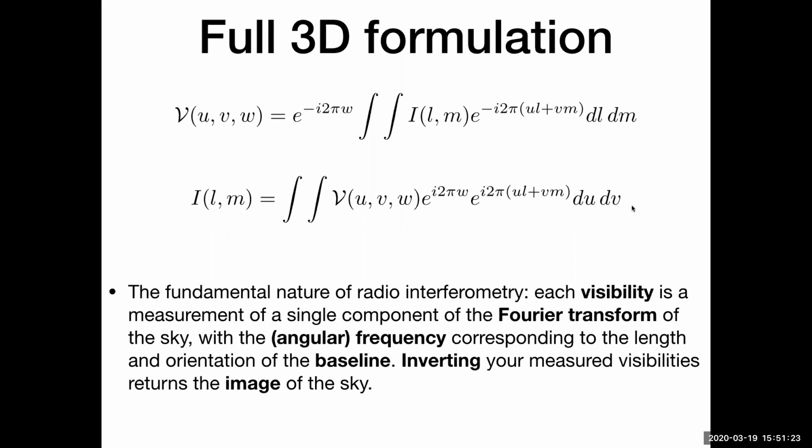And so ultimately, this is what we wanted. We wanted a way to get the distribution of brightness in the sky. We wanted to know how bright it is and where it is. And this is, in principle, the right tool for the job, because if you can measure these visibilities by doing the correlation of the signals from the two telescopes, and then inverse Fourier transform it, it should work.